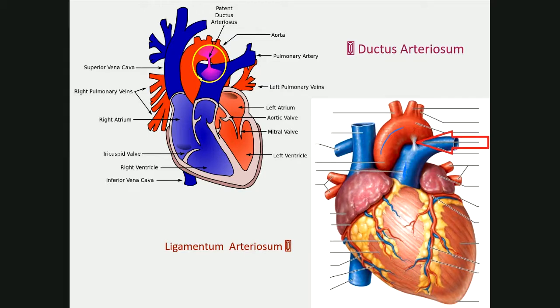This is the ligamentum arteriosum, which is a remnant of the ductus arteriosus. In fetal circulation, the lungs are not operational yet. So the blood can go directly from the pulmonary trunk into the arch of the aorta and then systemically.